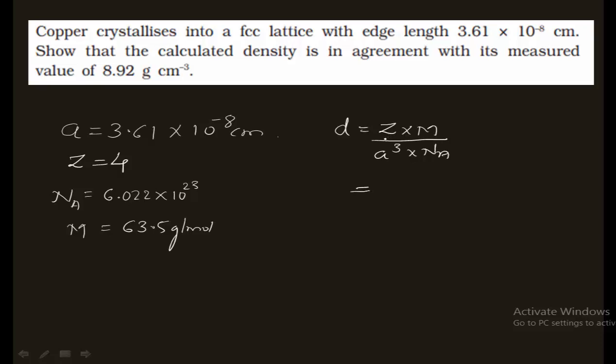So first Z, that we know, that is equal to 4 into capital M means atomic mass, that is 63.5 divided by A cube. A cube means here A is 3.61 into 10 raised to minus 8 whole cube into Na is 6.022 into 10 raised to 23.